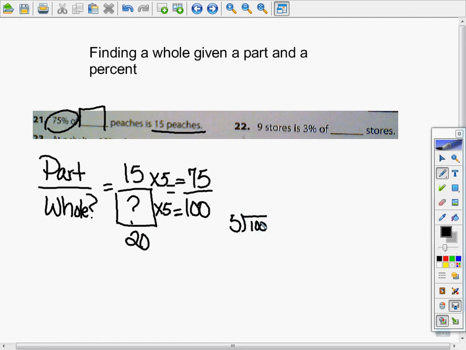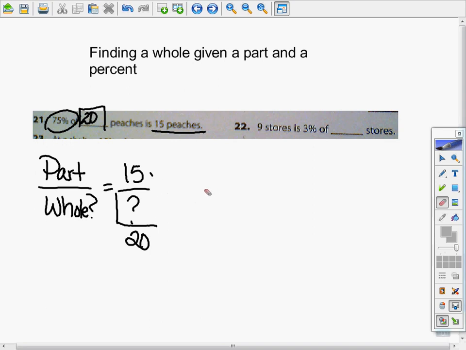But the answer here is 20. 20 is the whole. So there's 20 peaches in all. 75% of that 20, yes, is 15. That's almost all of the 20, but not quite. All right. Can you erase some of this so we can get just a little bit more room?